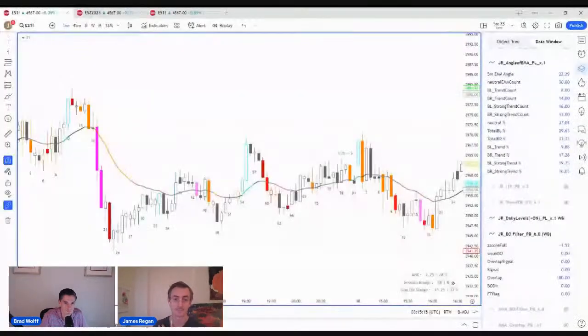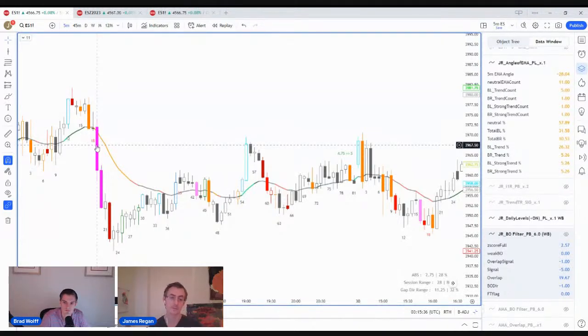So this big bar is a 2.5 Z-score, and this one is only 1, even though it's about the same size. And so why is that? Because at least the look back I use is a 20 period look back.